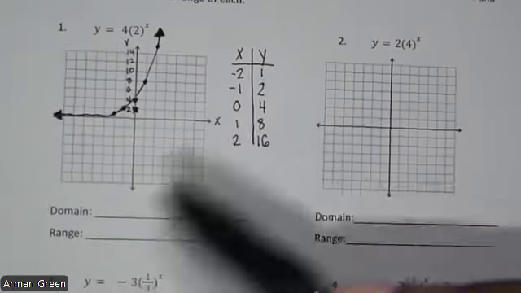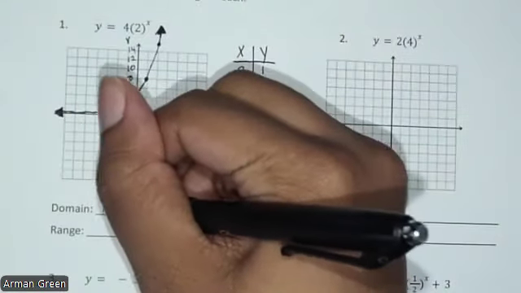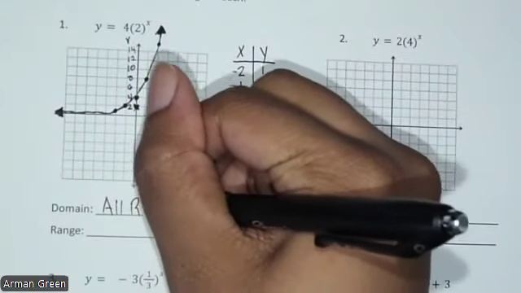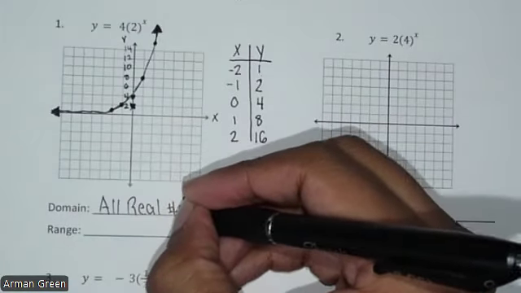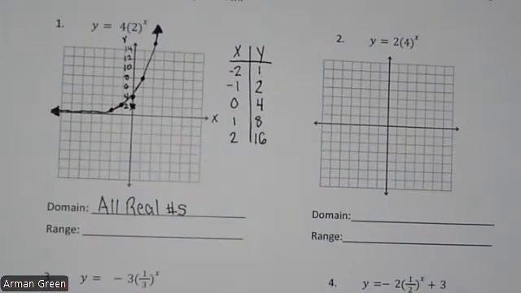So for that reason, our domain here is all real numbers. I can write numbers, but I just use the number sign for that one to make it a little easier for me.